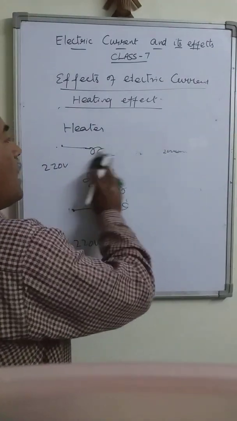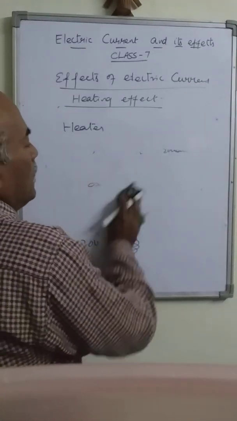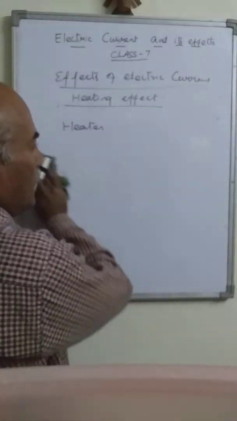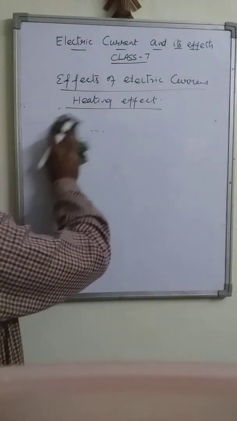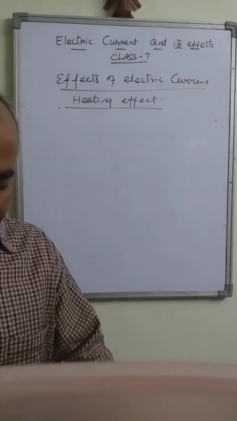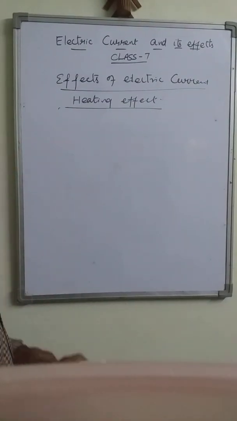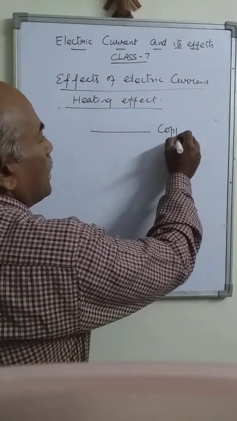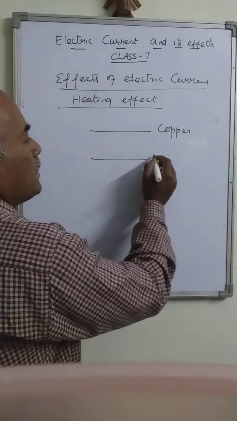Suppose I take, instead of this element, a simple wire. Suppose this is a wire. It is copper wire. And another wire, iron.